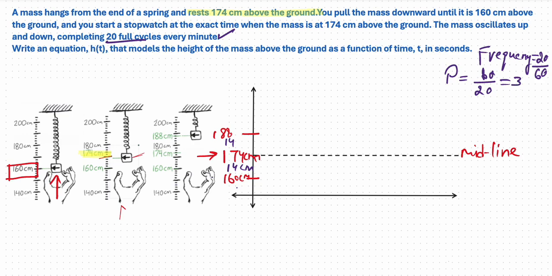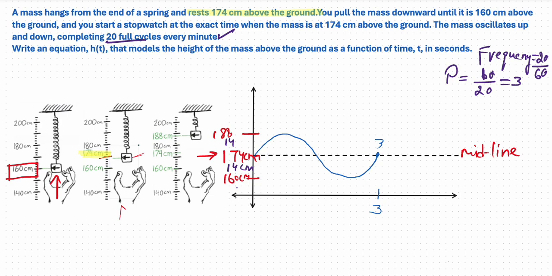So now you can imagine we have a wave which starts at 174. I'm talking about the graph of this function, and it goes all the way up to 188, and then it will go down, and then it will again reach its equilibrium position. At this point, since the period is 3, the x value here is 3. So it is clearly making a periodic function. It's a sine wave.